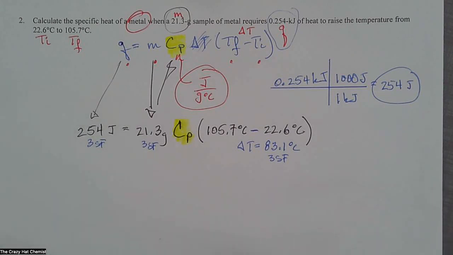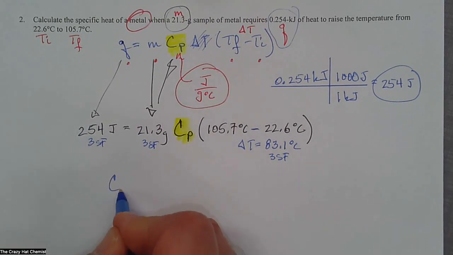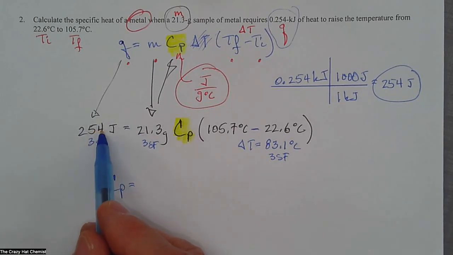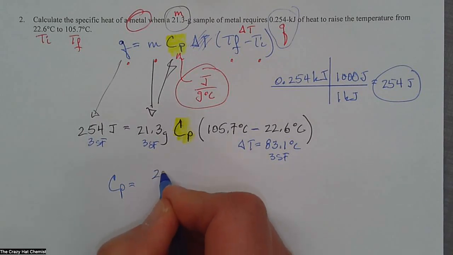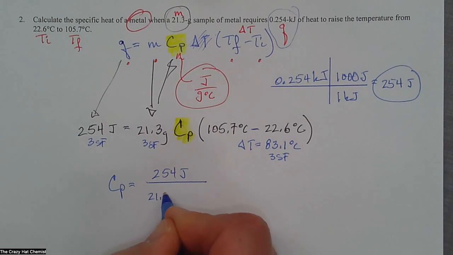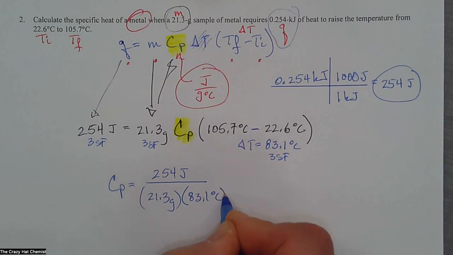I'm going to rewrite this whole thing here just in case this doesn't make sense. Specific heat capacity is going to be this 254 in the numerator divided by both these terms. So 254 joules divided by the 21.3 grams and the change in temperature, which is 83.1 degrees Celsius.